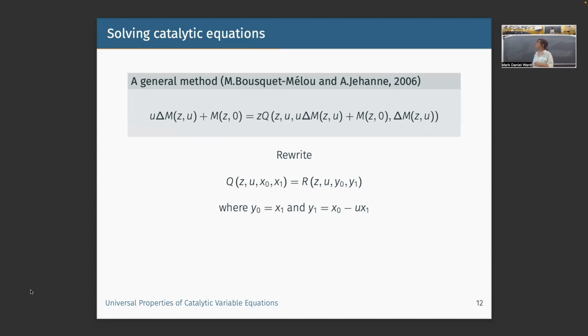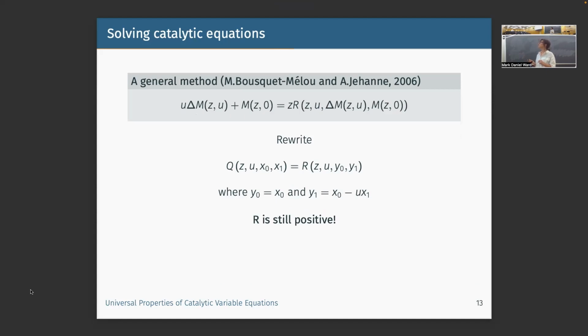So I'm going to rewrite M(z,u) as u times the divided difference of M(z,u) plus M(z,0). And then I'm also going to rewrite Q as a polynomial R in the divided difference and M(z,0). This will just help us to save space on the slides. And it's maybe worth mentioning that R still has positive coefficients. So in some sense, the nature is still very similar to the previous cases.